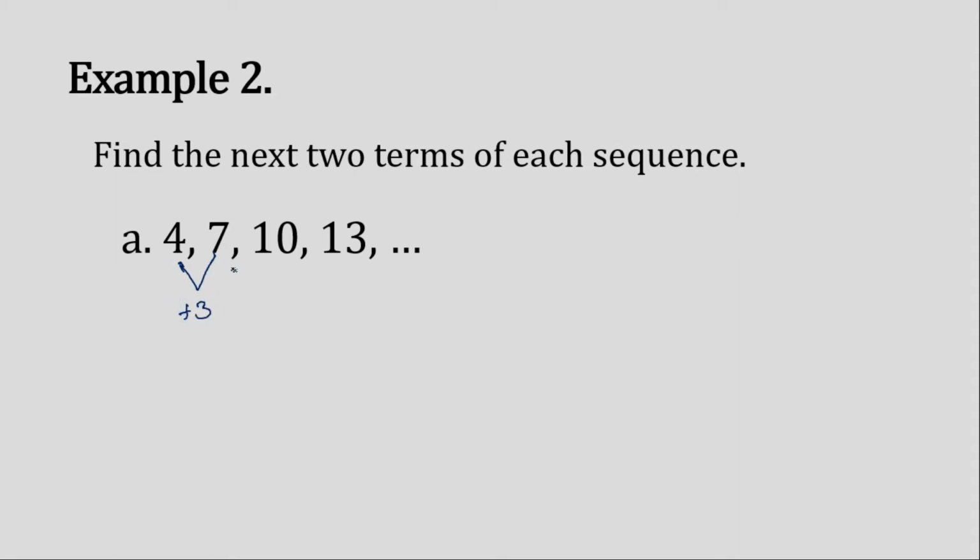Let's check if that's also the case for the next term. What are we going to do to 7 to make it 10? The answer is also adding 3. How do we get 13 from 10? We also add 3.